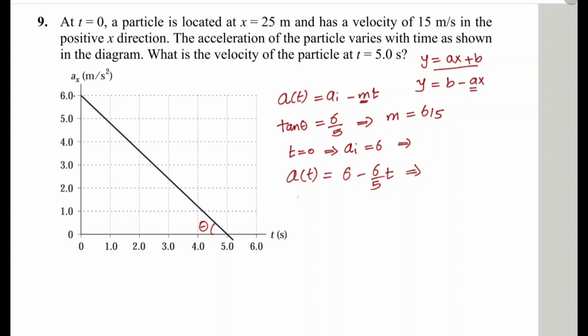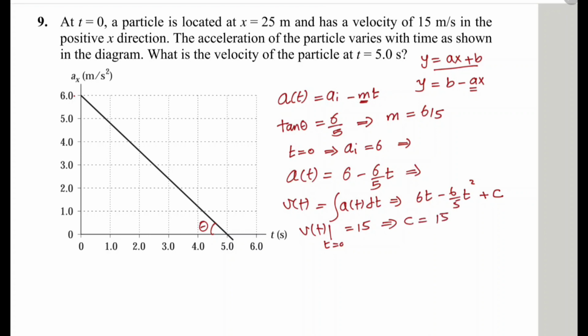and to find the velocity we have to integrate the acceleration. So v of t equals the integral of a of t dt, in other words, equal to 6t minus 6 over 5 t squared, plus c. v of t when t equals 0 is equal to 15. In other words, c equals 15.